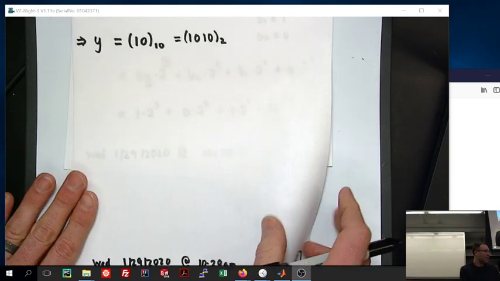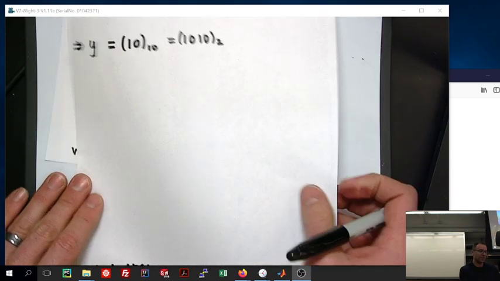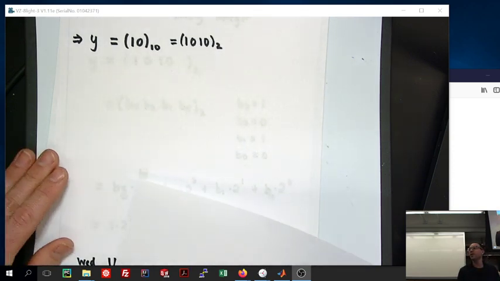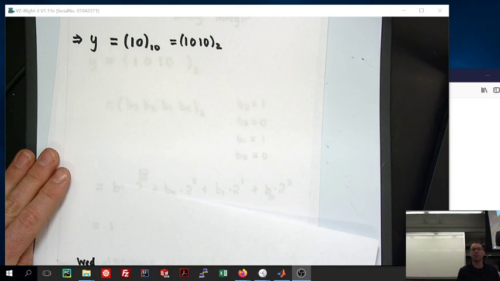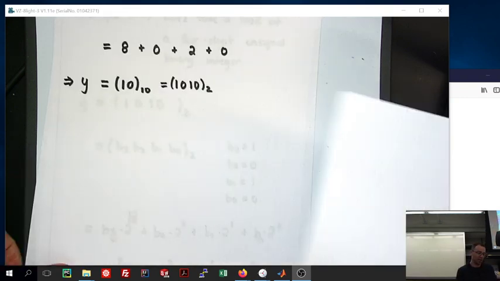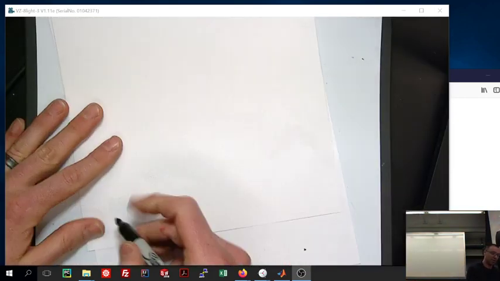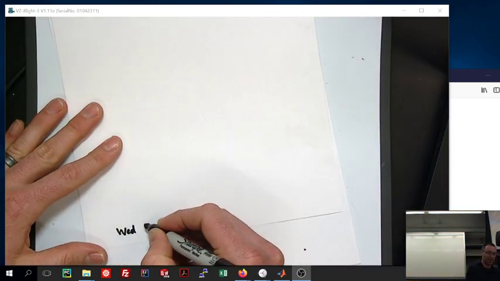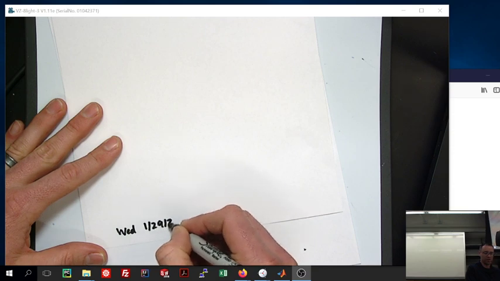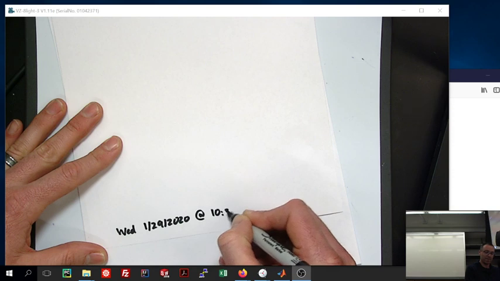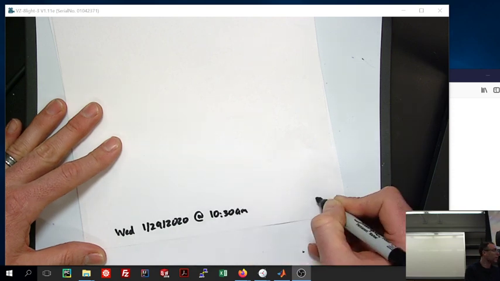Okay, let's do something that looks like this. Let's generate every possible 4-bit string of binary numbers. So I suppose this is Wednesday, 1/29, 2020. It's going to be 10:30 a.m. And are we already on page 7?